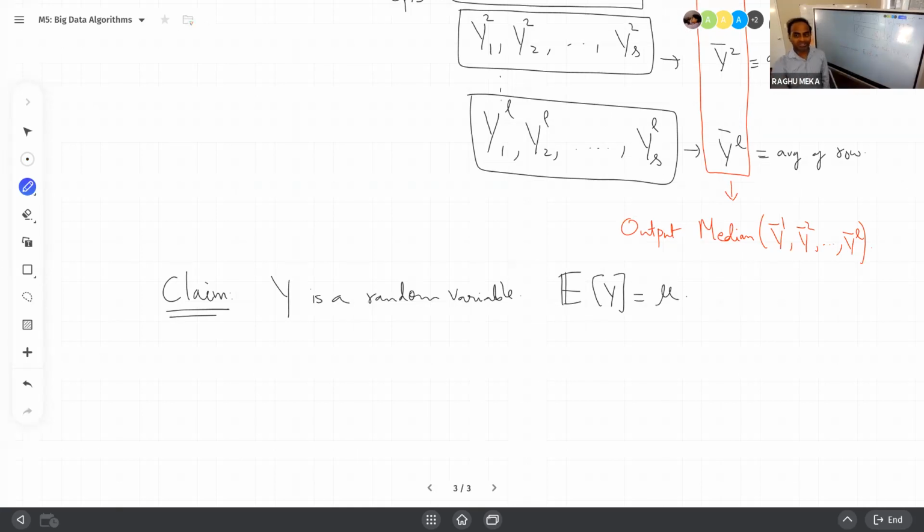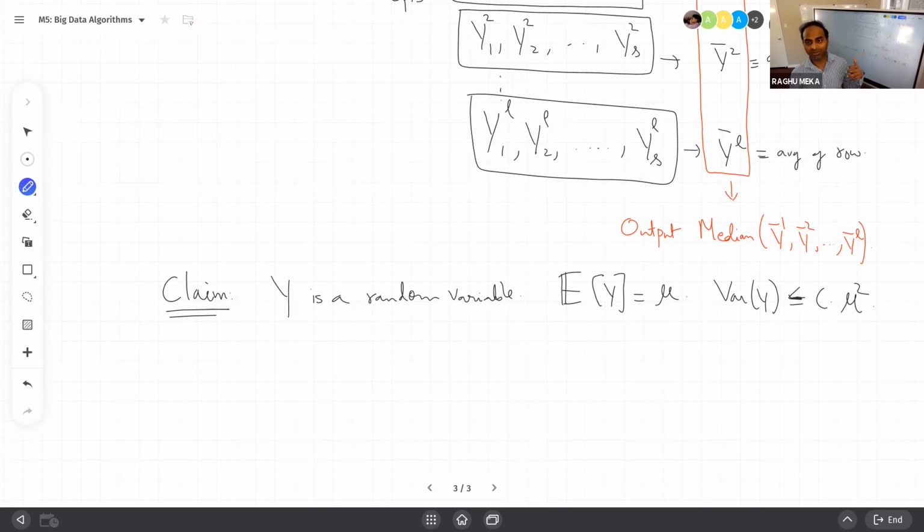It doesn't matter what it is. The variance is roughly the square of the expectation, which is what we had.